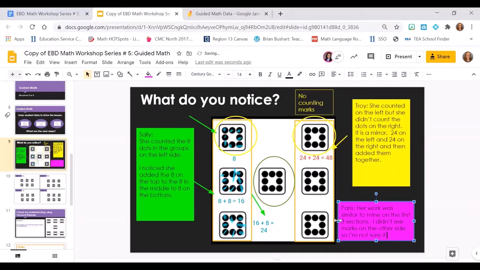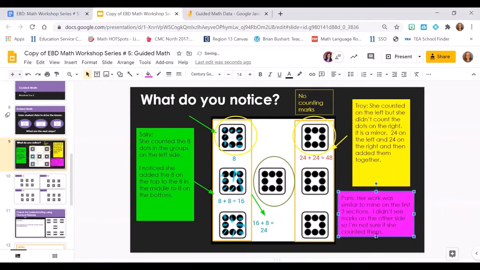But now that I've heard Troy speak, I see now where she counted maybe the first set and then knew that the second set was the same, so she just did a double right there. But I still think she's missing the middle one. I really don't see where she got that last group in the center, although it's circled.